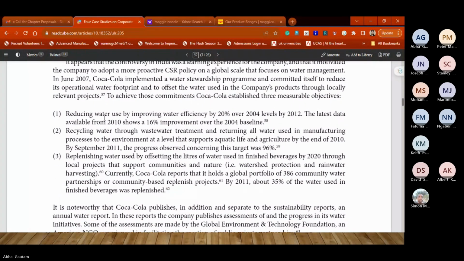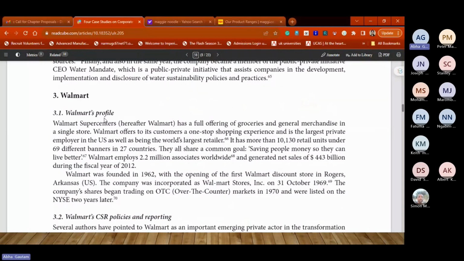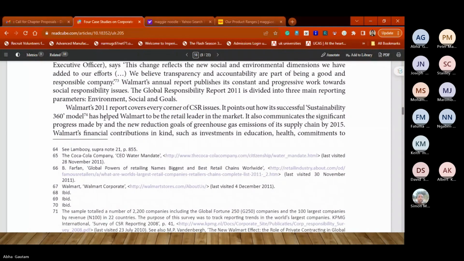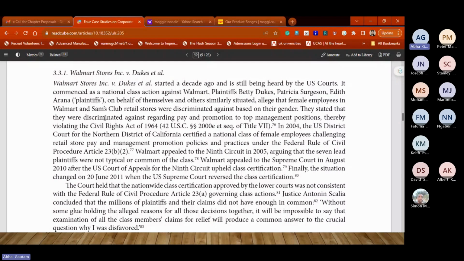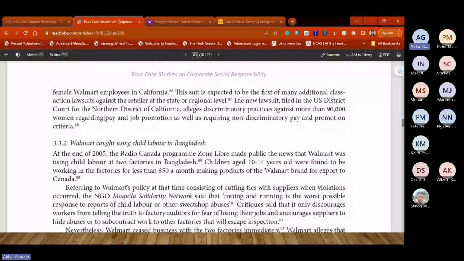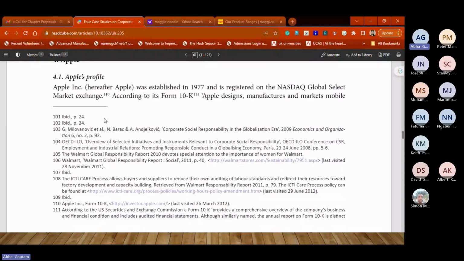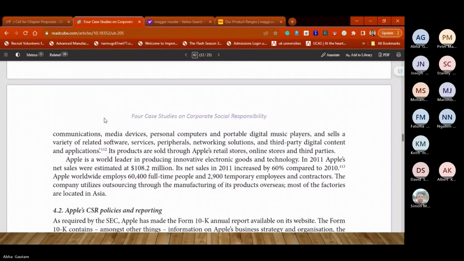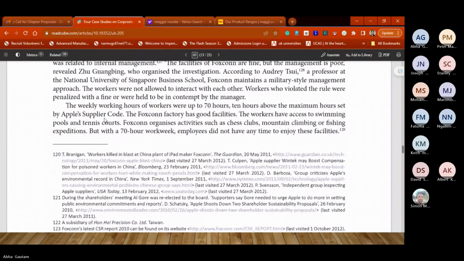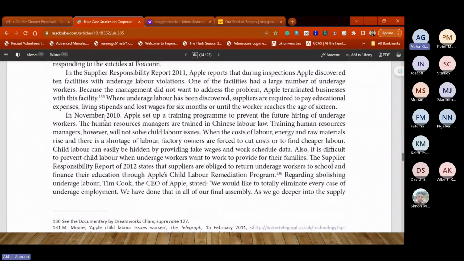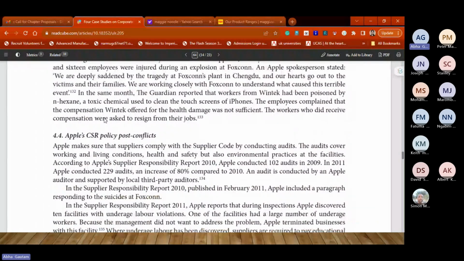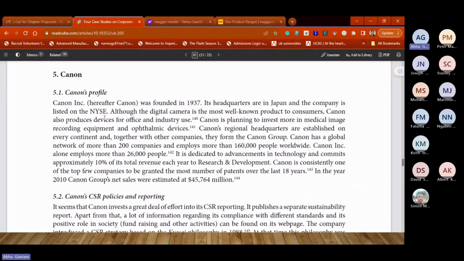After Coca-Cola, we have Walmart. And then you will see the conflict of social responsibilities here. And then you will have Apple. And lastly, Canon.